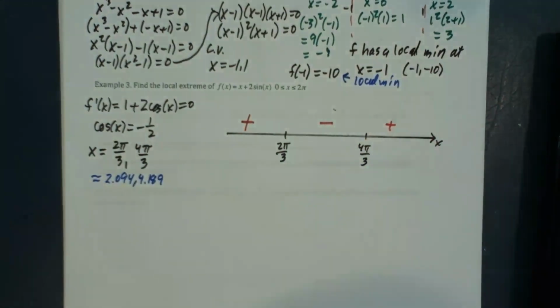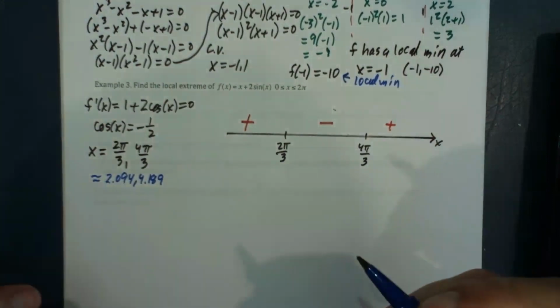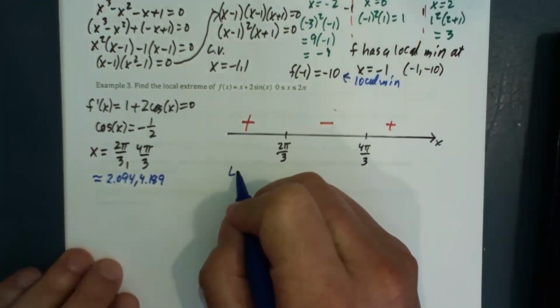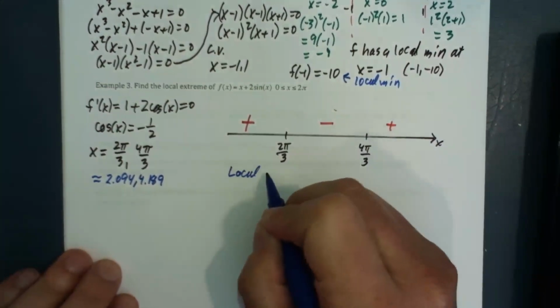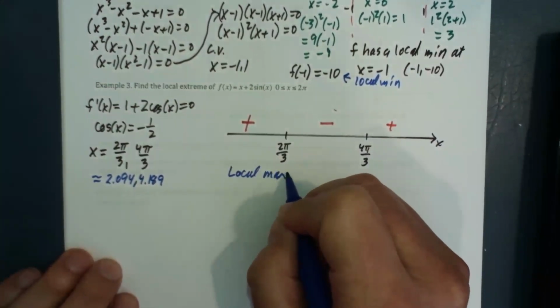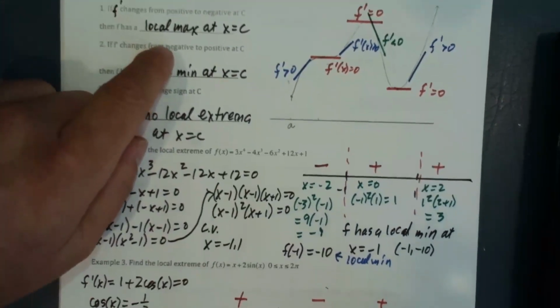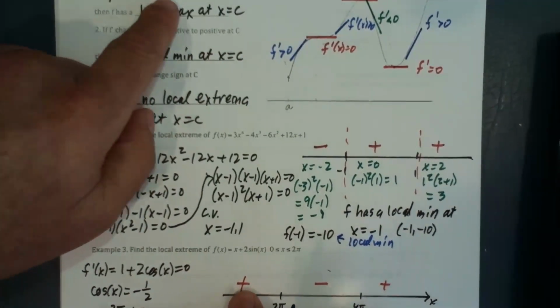All right, so our conclusion is that there is a local max, because we're going from a positive to a negative.